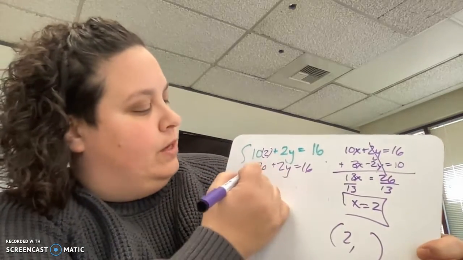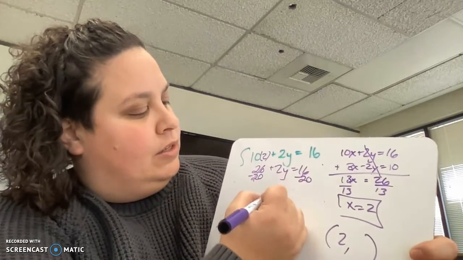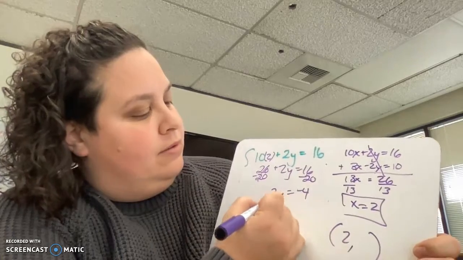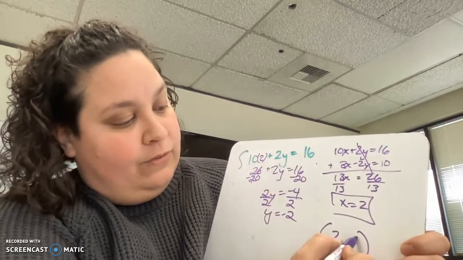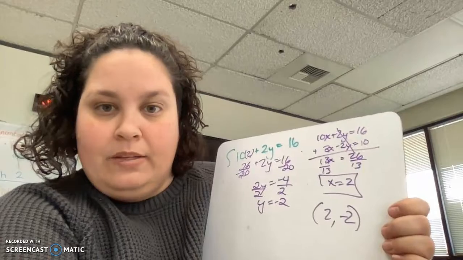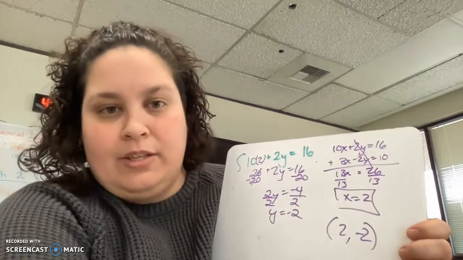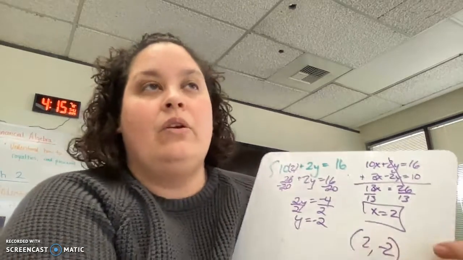I'm going to move the 20 over here, so I'm going to subtract 20 and get 2y equals negative 4. And I'm going to divide by 2 and get y equals a negative 2. And that's my answer. So notice in this one, we only had to change the sign. The numbers were already the same, a 2y and a 2y. But in order to get them to cancel out, we needed one of them to be negative. What's going to happen if our numbers are not the same?